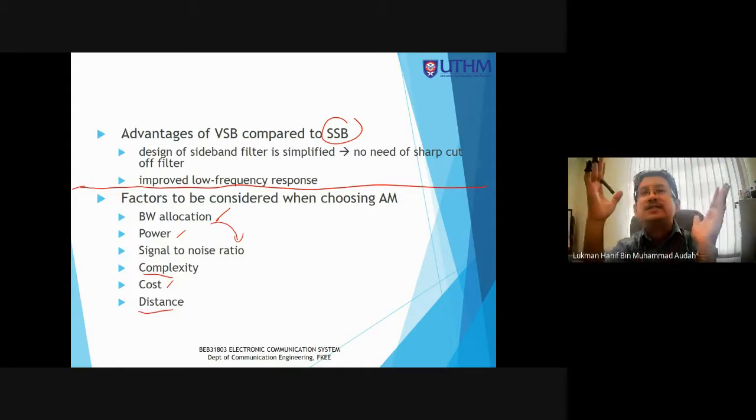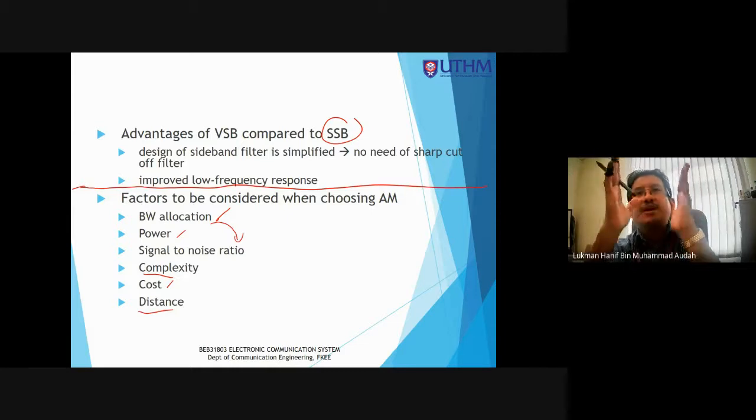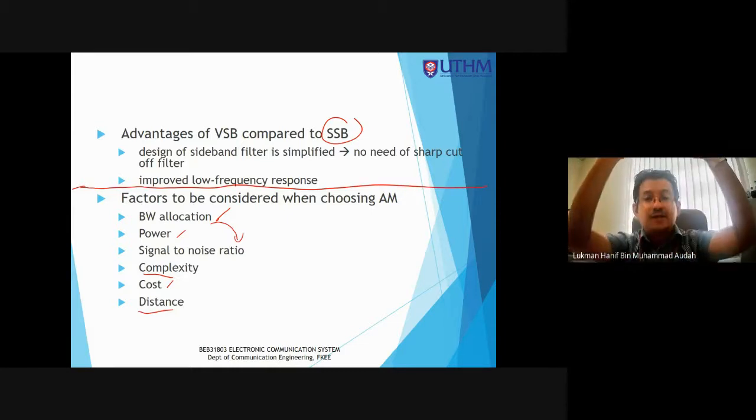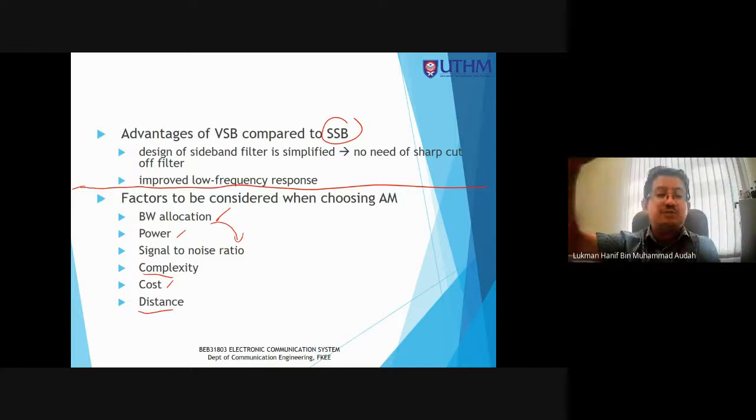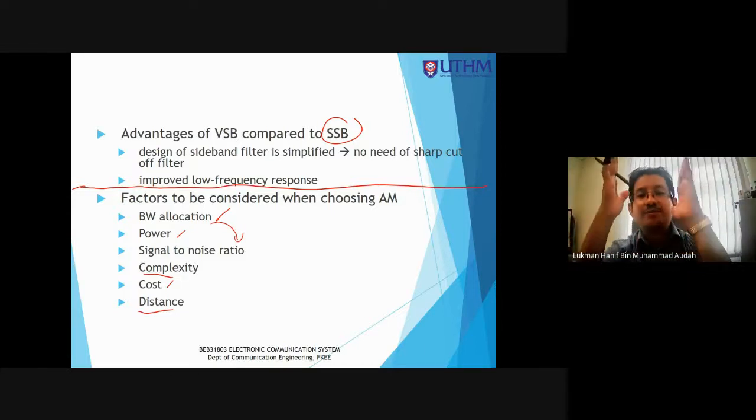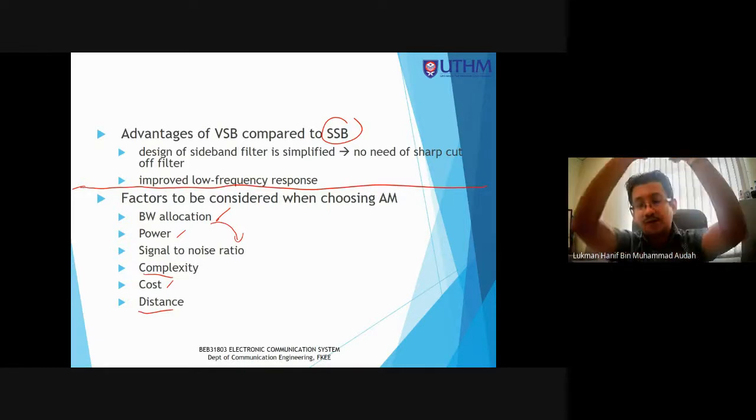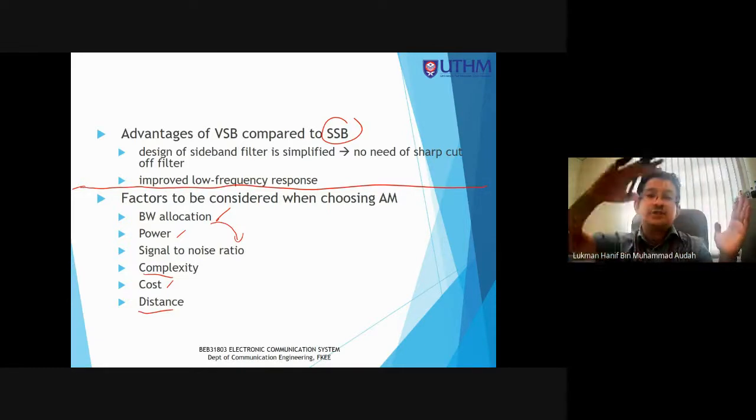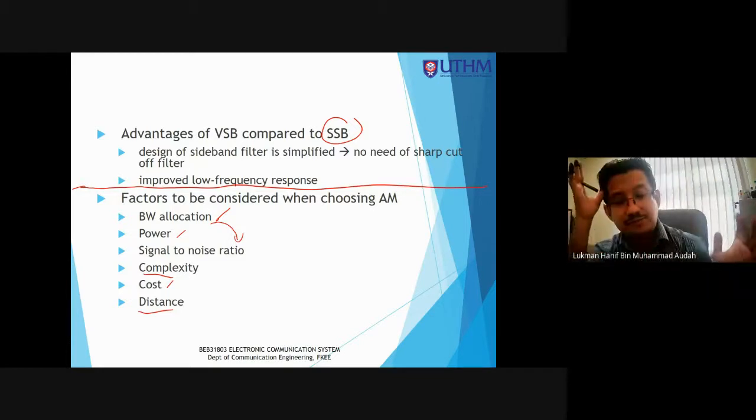Kita perlu menghasilkan signal yang mempunyai sideband power yang besar kalau kita nak transmit pada jarak yang jauh. Kerana apa? Kerana sideband mengandungi information. So we need to protect the information. Okay, we need to make sure that the information has a high power so that we can transmit at a longer distance. Okay.